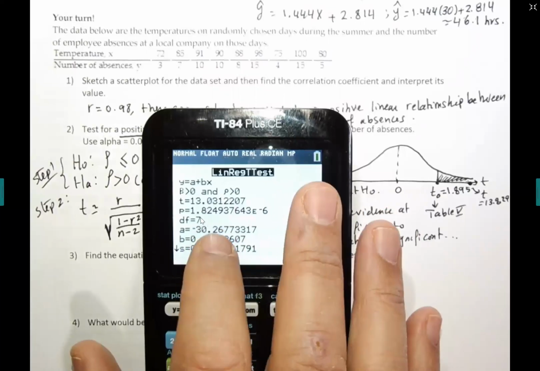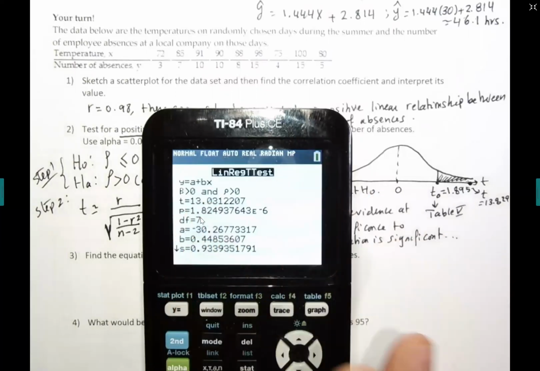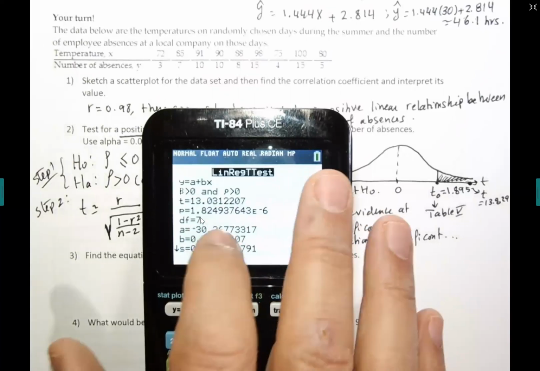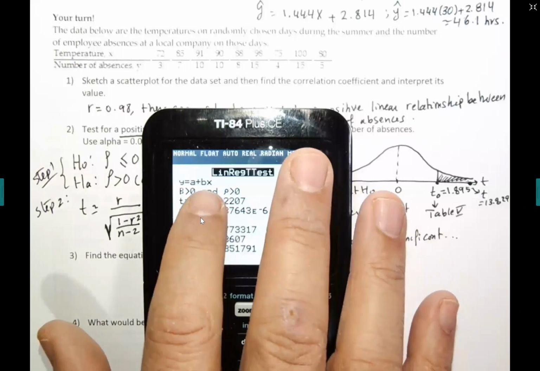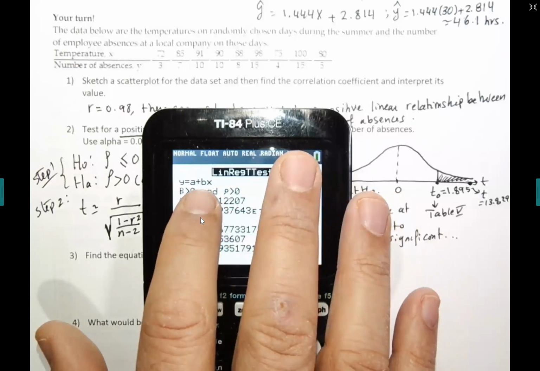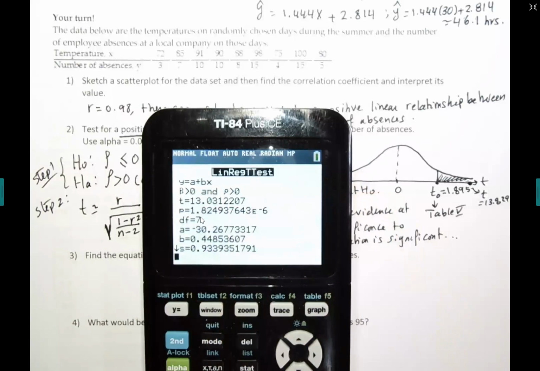And not only did it give us the p-value and the test statistic, it gave us the equation of the line. If you want to copy the equation of the line off the screen, that is fine. But remember, look how it's written here. You cannot write it ax plus b. It does a plus bx. What is a here? Negative 30.27.